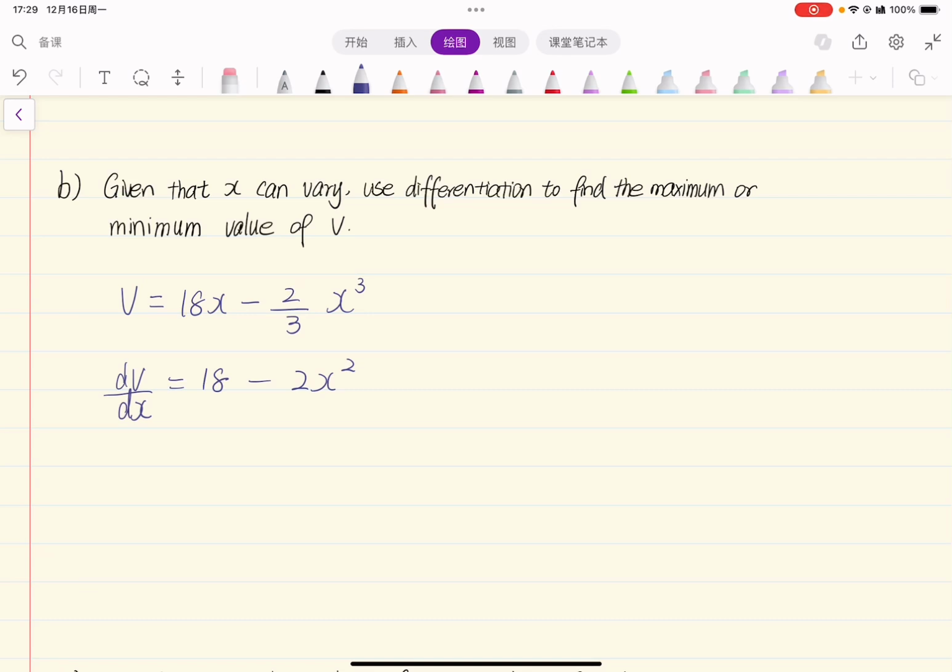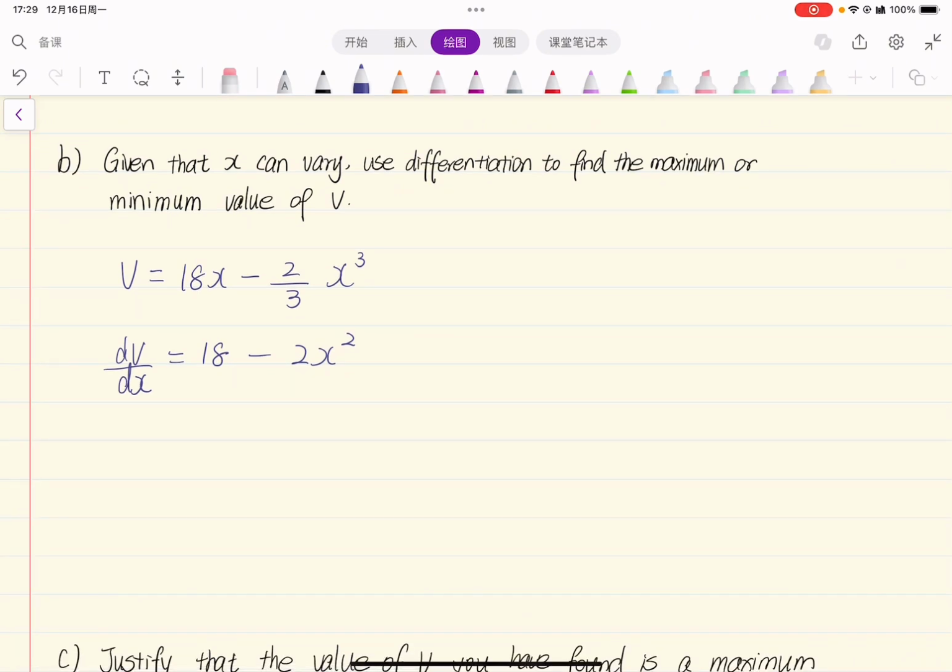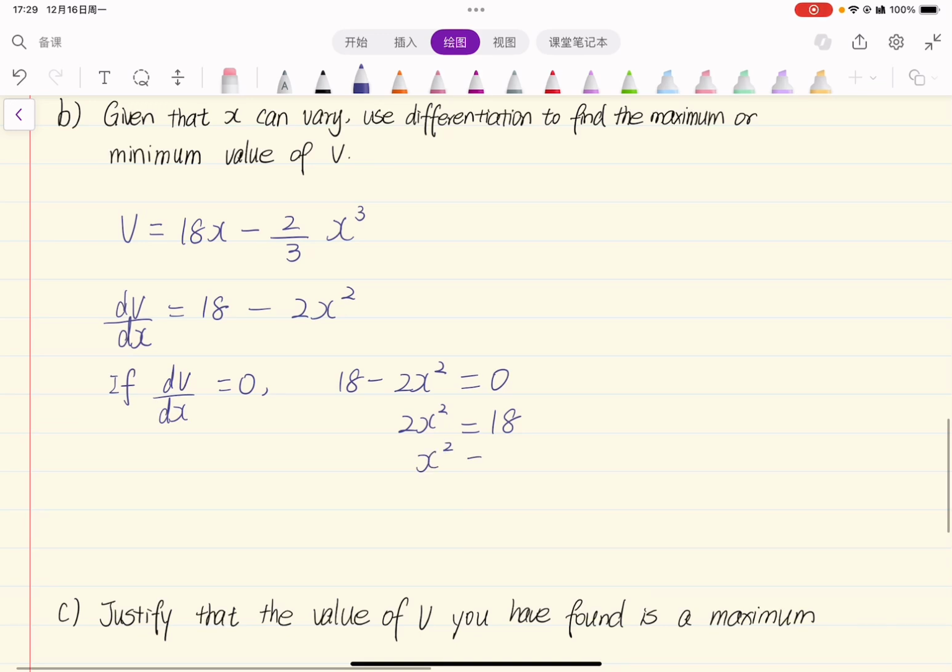When we want to find the maximum or minimum value, you need to find the value of V when dV over dx equals 0. So we have 18 minus 2x squared equals 0. Thus, 2x squared equals 18, and x squared equals 9. So we have two values of x, that is x equals plus or minus 3.